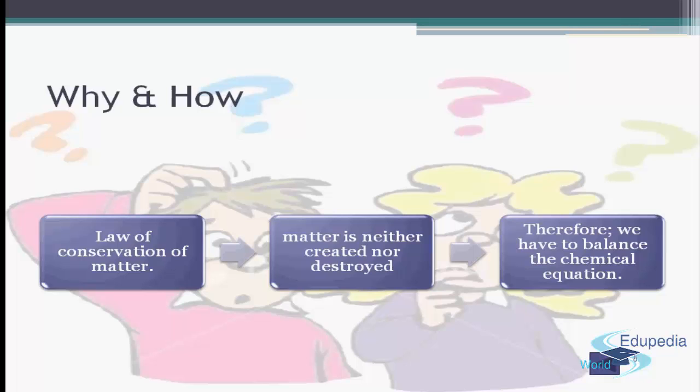So the number of atoms of a particular element on both sides should be equal. It cannot be unequal, like the example of water I just gave. So therefore we have to balance the chemical equation. Now let's see how we do it. How can we balance the equation and comply with the law of conservation of matter?